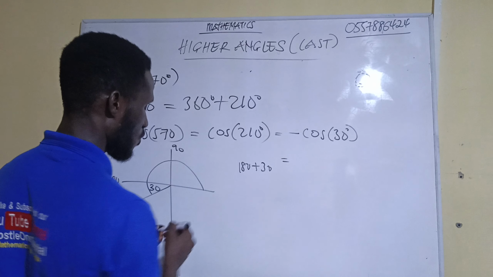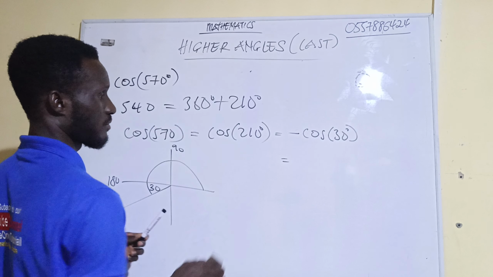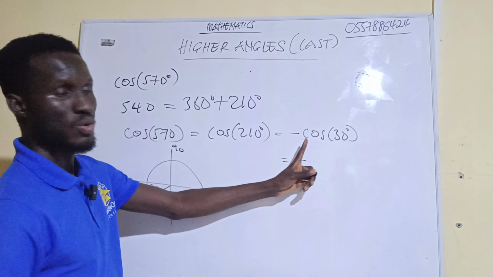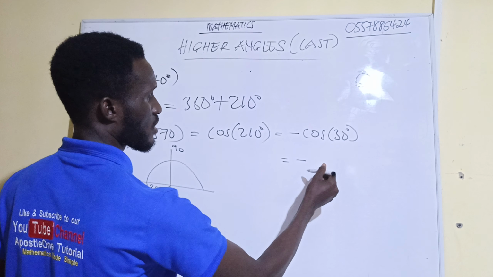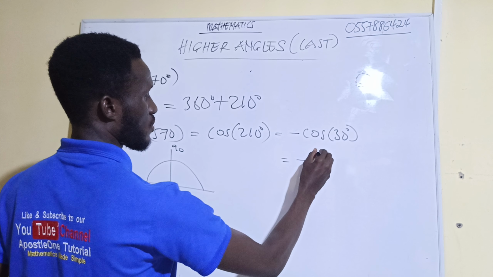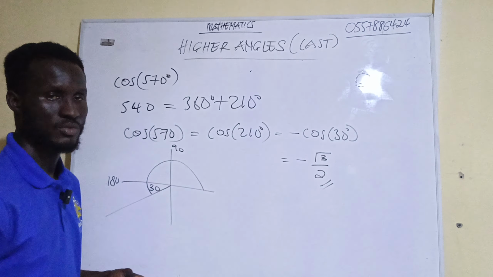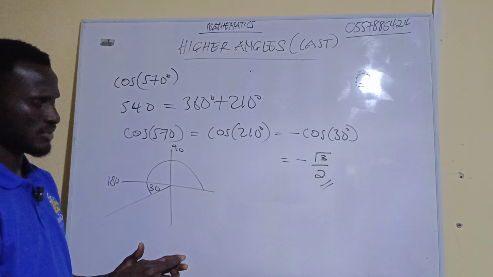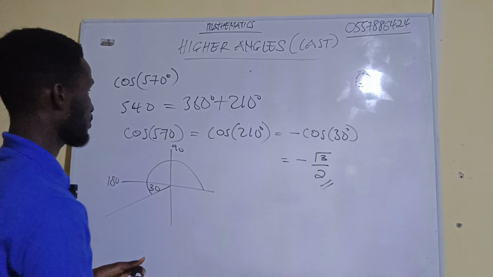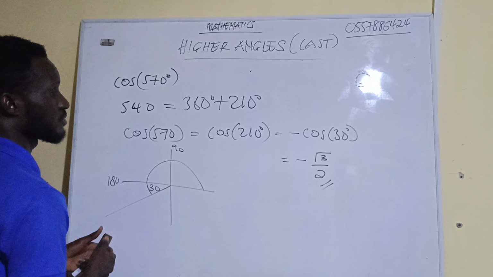So with this one, I'm going to get minus cos 30. What is cos 30? Cos 30 is root 3 out of 2. So that's the answer. It's very simple. It's not difficult.